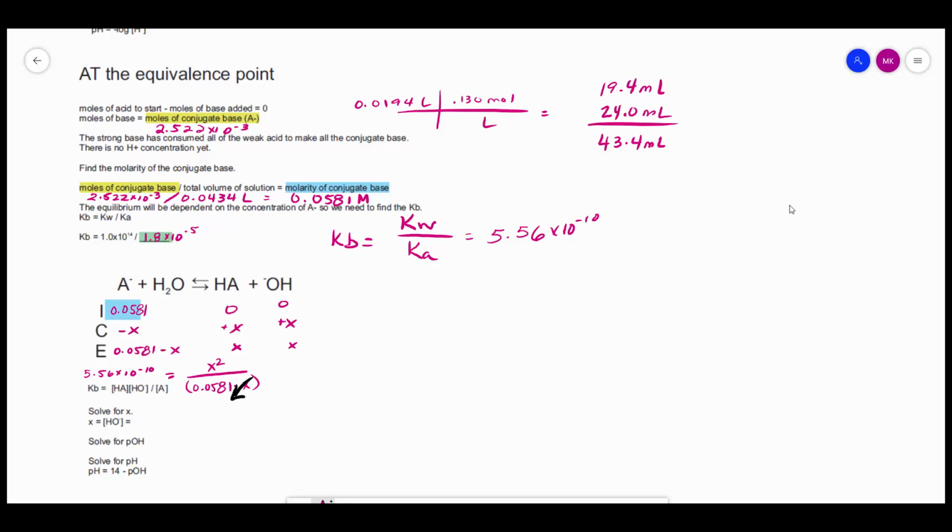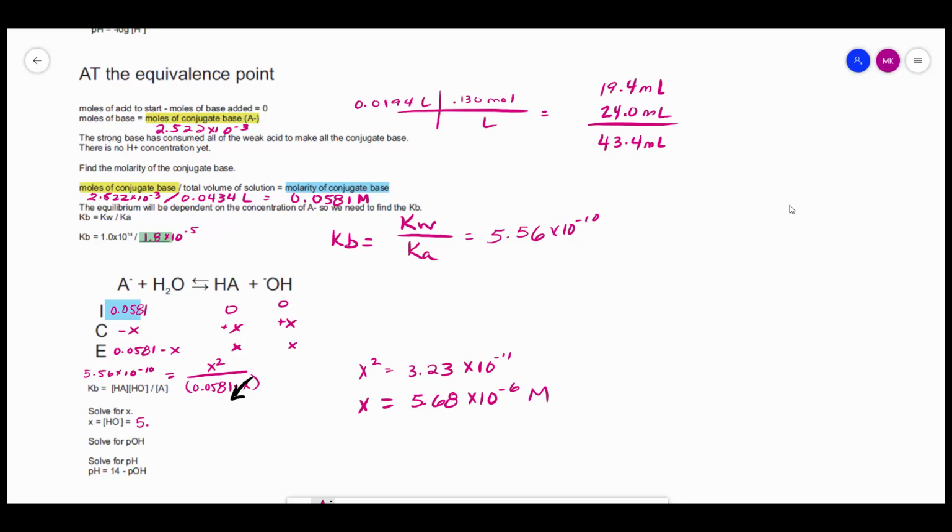And when we do that, we solve for x first by multiplying both sides by the denominator, 0.0581. To get x squared is equal to 3.23 times 10 to the negative 11, but that is not your answer. You then take the square root of that value, and I get 5.68 times 10 to the negative 6 molarity.